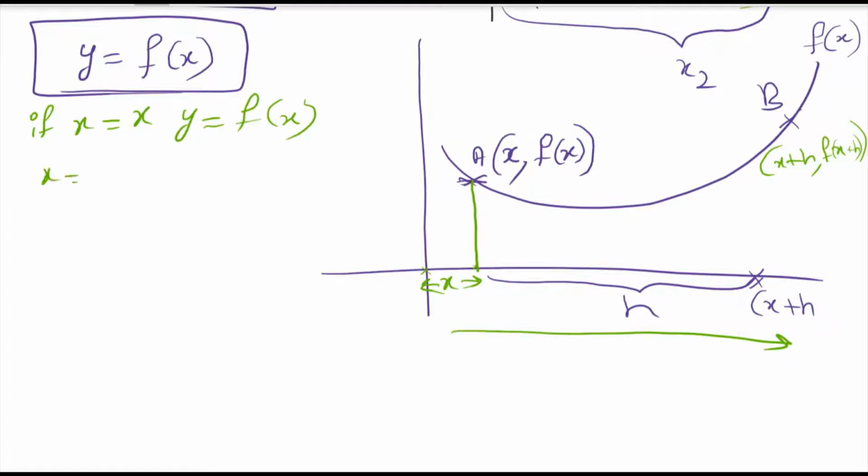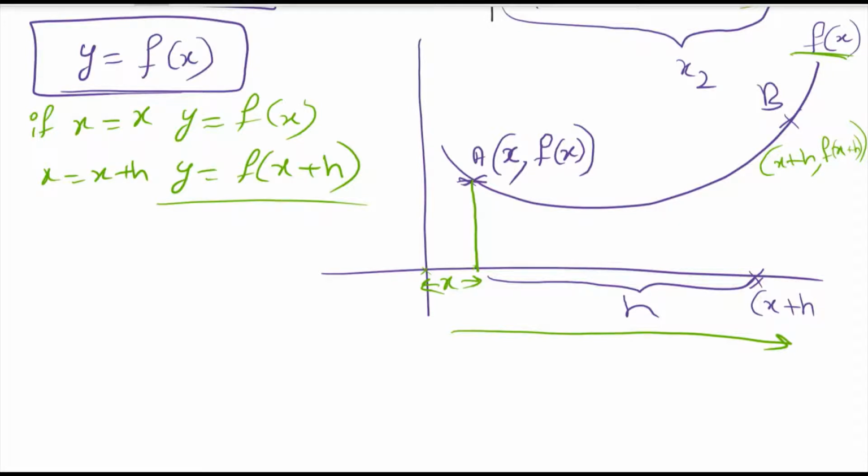If x equals x plus h, then y will be f of x plus h. So whatever the values of x we have here, for those corresponding values we get the values of y. This is how the values of the function change.